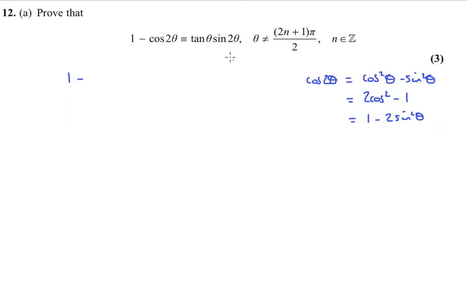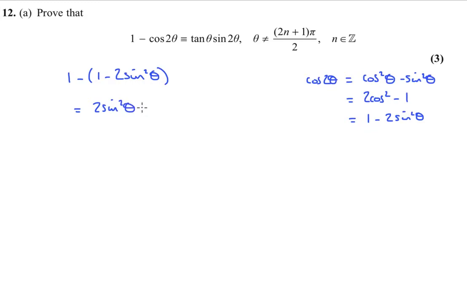I'm going to use this one because there's a sine in the answer. So when we expand it, the ones cancel and this becomes negative 2 sine squared theta, which is just 2 sine squared theta.